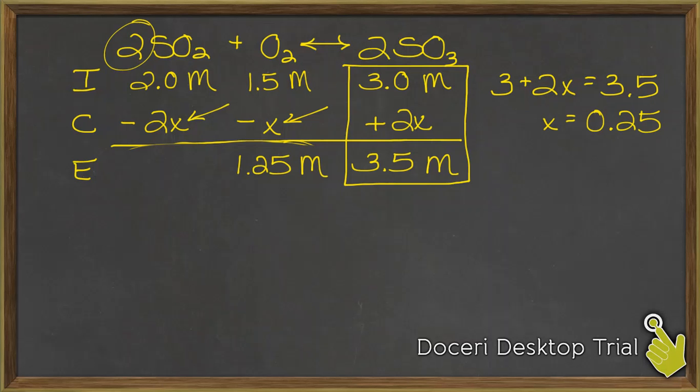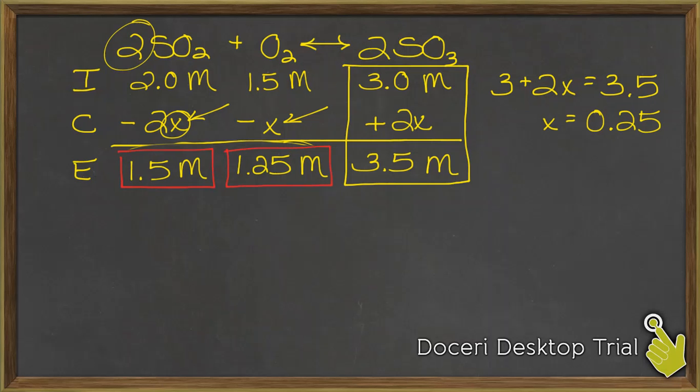Here's oxygen's final molarity. And SO2, I'm going to plug x in right there. 2 times 0.25, that's 0.5. 2 minus 0.5 is this. So let me change color, and I'm going to put a box around that. These are part of my final answer. Okay, they asked us to solve for the final molarities of those two pieces, and I've now done that.